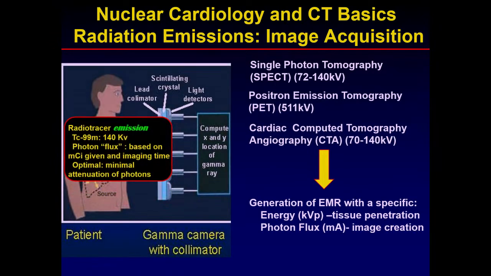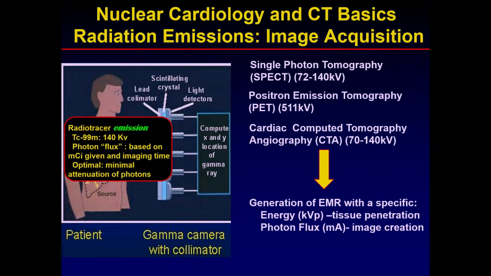In nuclear cardiac imaging, it isn't that way. It's your emission image, rather than a transmission image, which is CT. The emission image is determined by the radiotracer, which is going to be with technetium 140 keV. But the photon flux, or the amount of photons that you accumulate, are going to be dependent on how much of a dose you give, how many millicuries of an agent you give, and also the amount of time that you image.